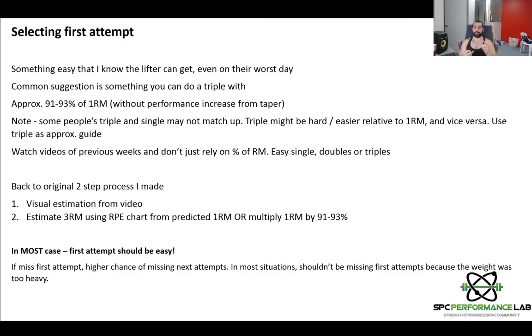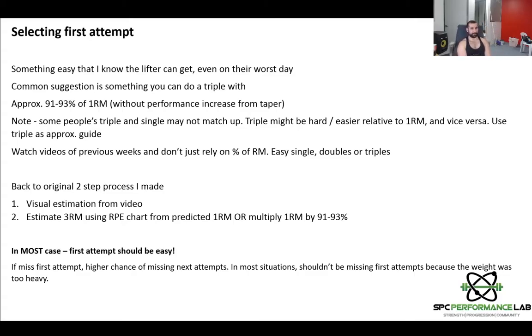Okay, I might look at videos that they did triples with, doubles with, or even easy singles from a few weeks before, and then I can see if that's going to be a good opener. And then, as I said, you can also use the percentage of the 1RM to see if your prediction from the videos made sense, which I will show you in a sec.